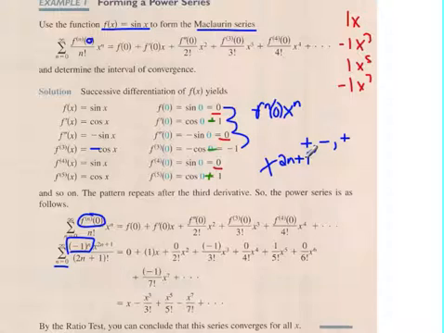I don't think it really matters except that it fits the actual series of derivatives that you've come up with here. So that's what you really have to be careful about. So that's what's left. All those other terms are going to go away. So you can see that you've got your 1x, your -1x cubed, your 1x to the fifth, and your -1x to the seventh.